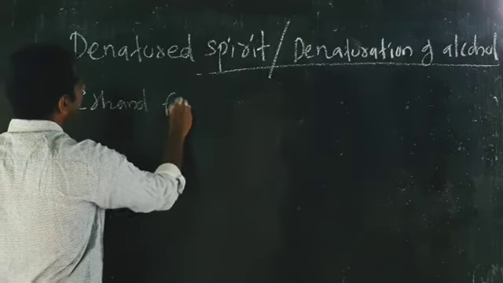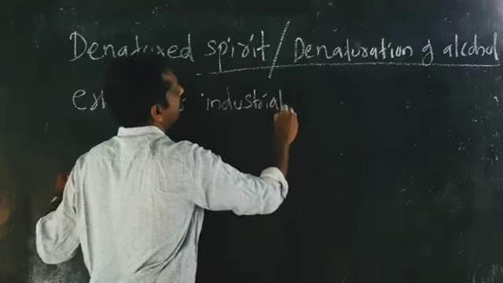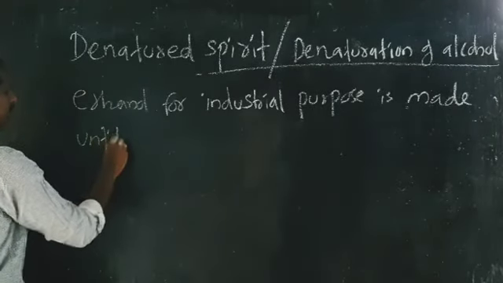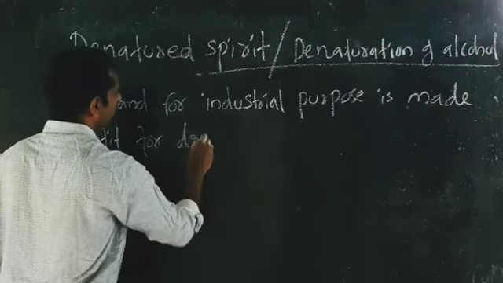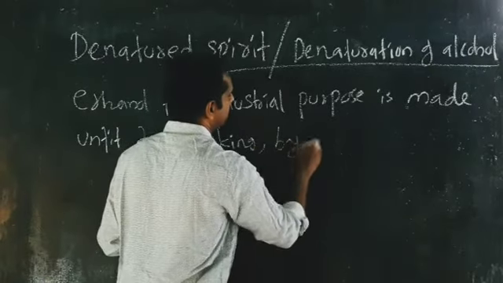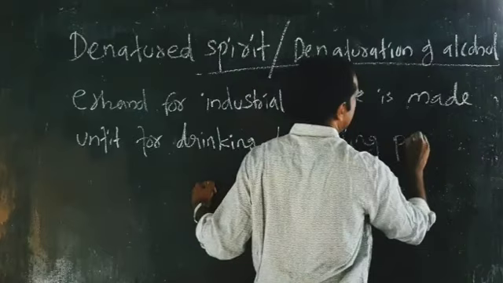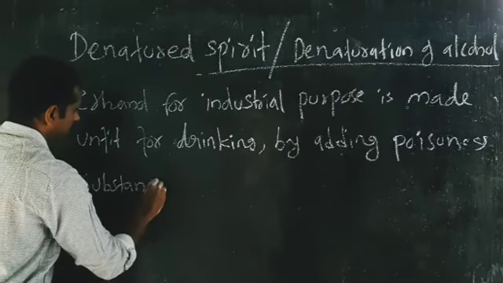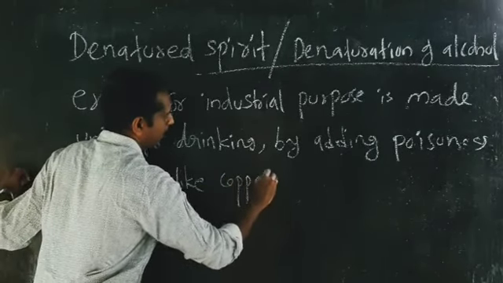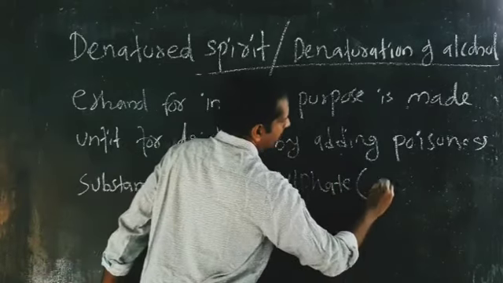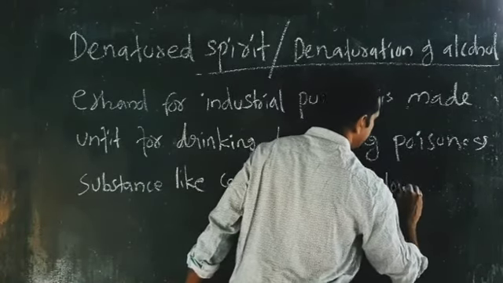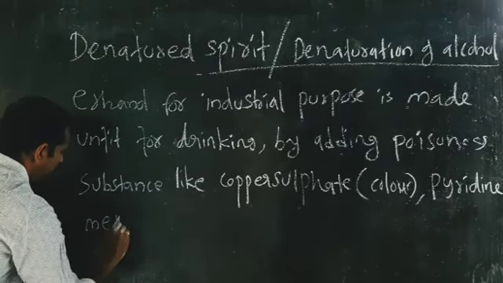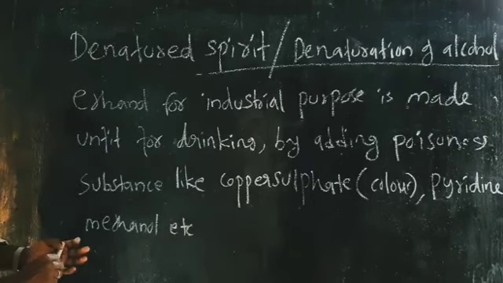Ethanol for industrial purpose is made unfit for drinking by adding poisonous substances like copper sulfate, which will impart color, pyridine, methanol, etc.